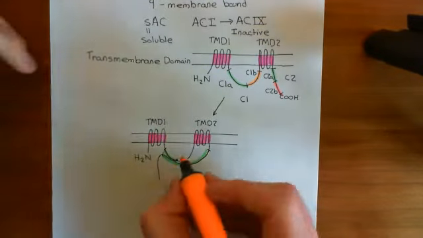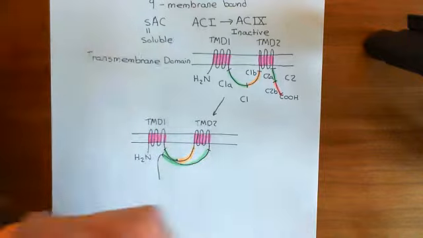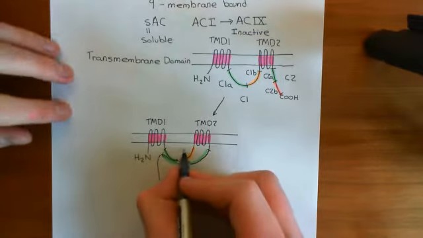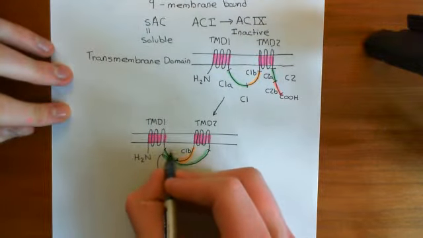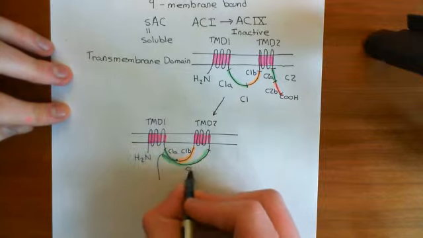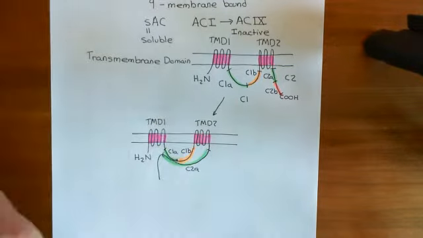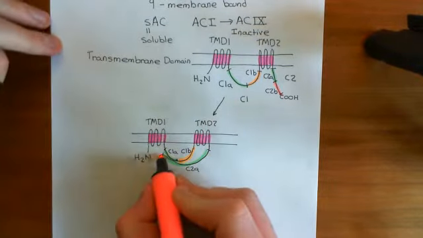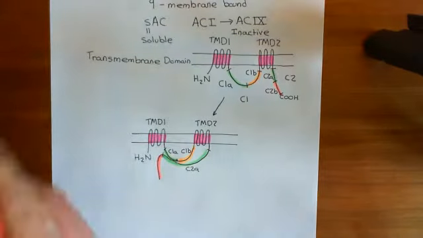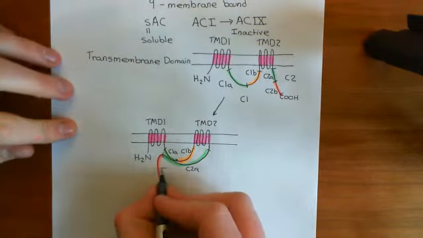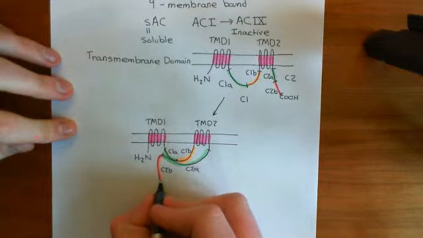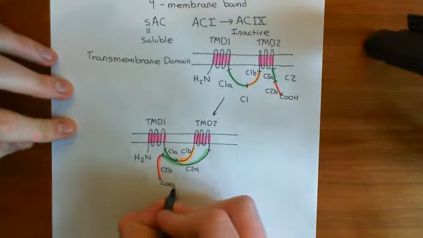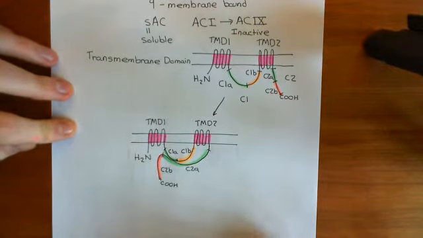Then the other domains: this is C1b, this is C1a, this is C2a, and then finally we'll add on C2b in red down here. Once C1a and C2a have dimerized together, that produces the active enzyme which is capable of catalyzing the cyclase reaction.